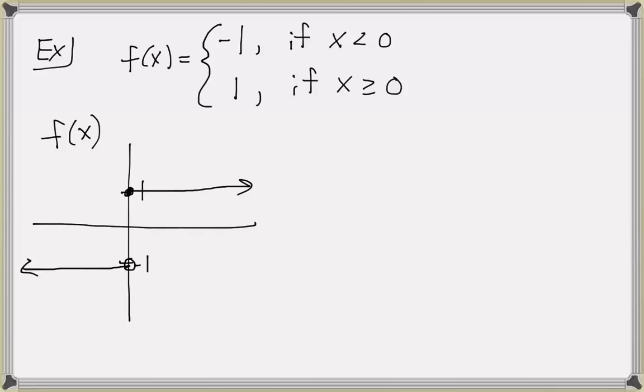So let's consider the limit of this function as x approaches 0. So what value is the function approaching as x approaches 0? Well, if you follow this function, let's say from the left, so we're getting closer and closer to x equals 0. That's right on the y-axis.